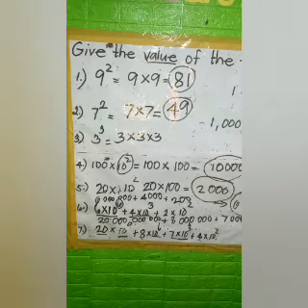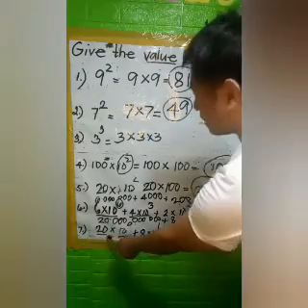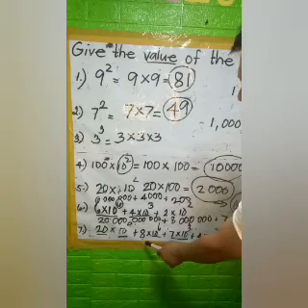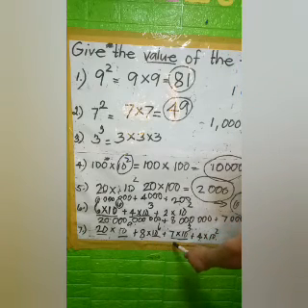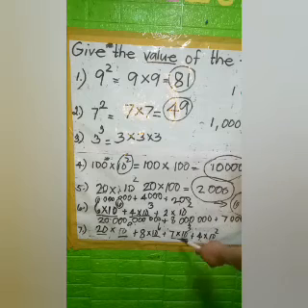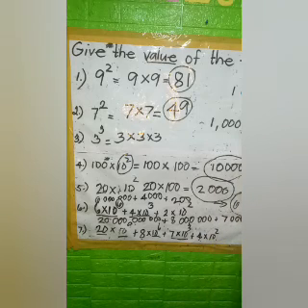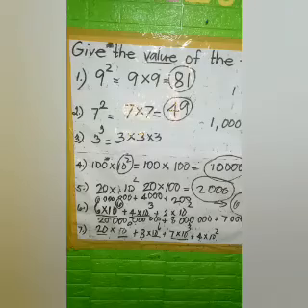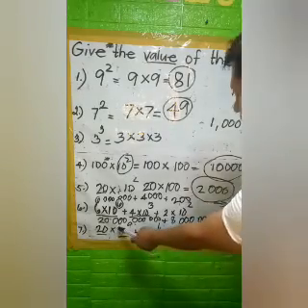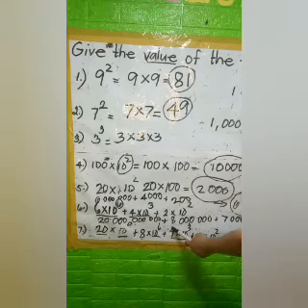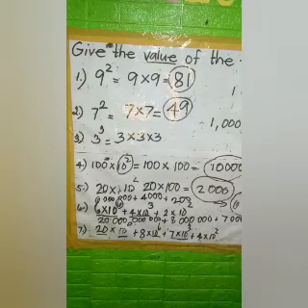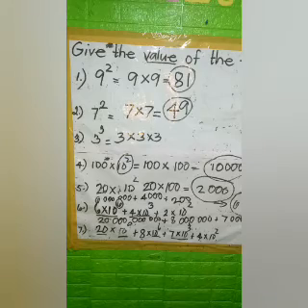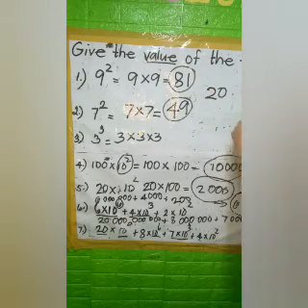So, if you're going to find out the value of 20 times 10 to the power of 9 plus 8 times 10 to the power of 6 plus 7 times 10 cubed plus 4 times 10 squared, the answer that we are looking for is 20 billion 8,007,400. So the answer that we are looking for is 20 billion.